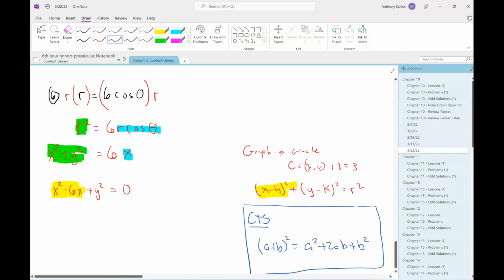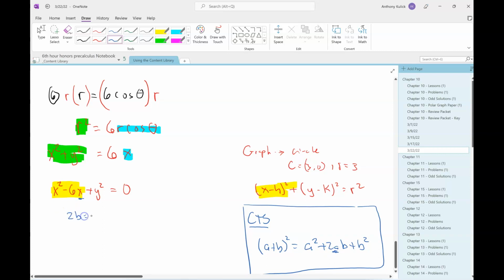So right now, looking at this, x squared has got to be the same thing as a squared. And that means negative 6x has to be the same thing as 2ab. Everybody agree with that? So what does b have to be? If a squared is x squared, a is x.